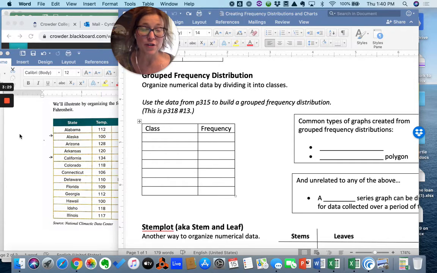Then we also want to make sure we're including all of our data. If I started counting how many there were at 105, then I'm not including Alaska. So make sure that you start below or at your smallest. You go all the way up to swallow up your biggest. You want to have your classes be the same size.